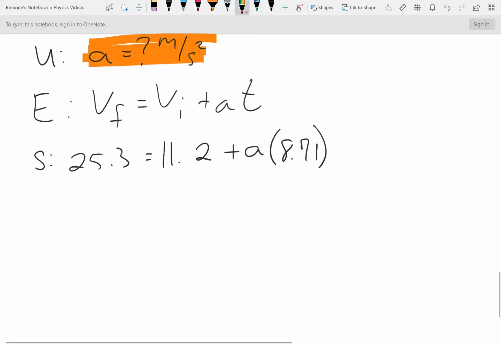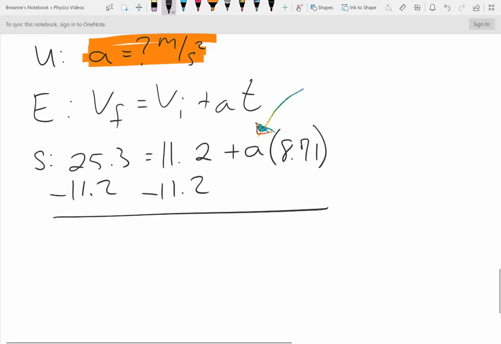Again, you cannot add or subtract these two together. The reason is because of our acceleration. Your 11.2 doesn't have an A, so therefore you can't add them together. So we have to bring the 11.2 to the other side, because what you do to one side, you've got to do to the other.